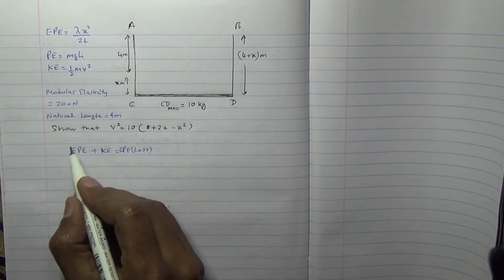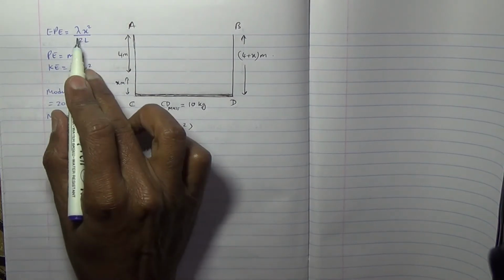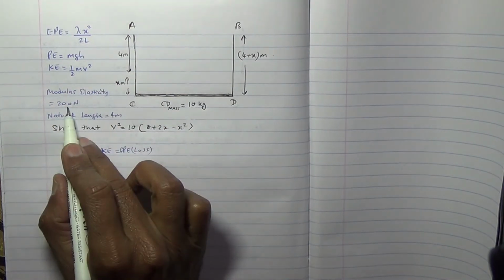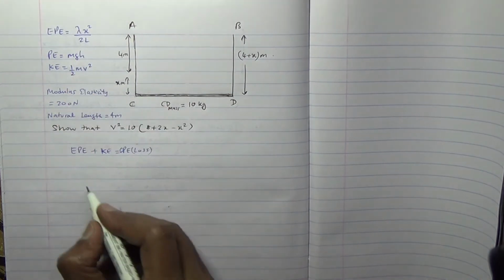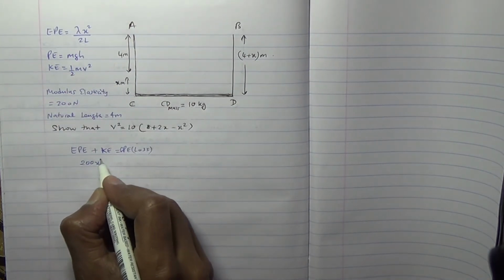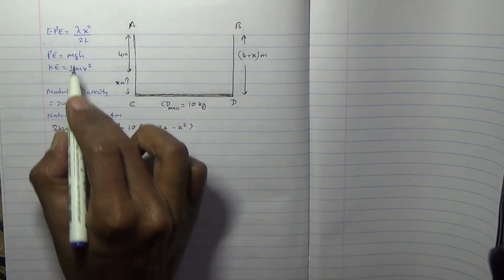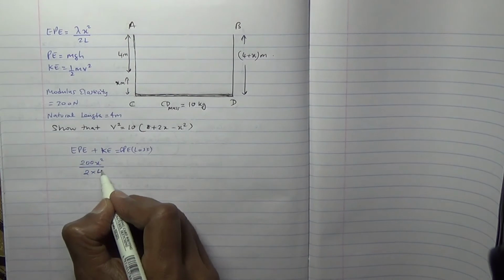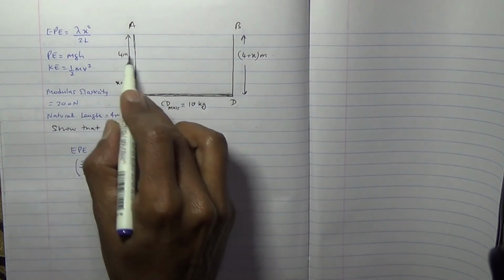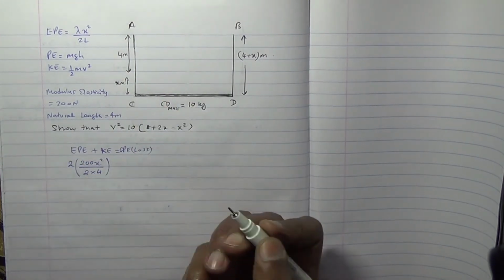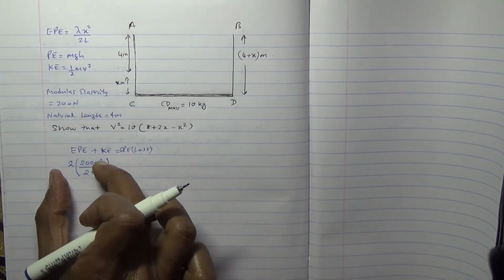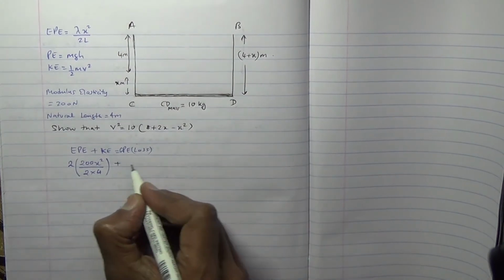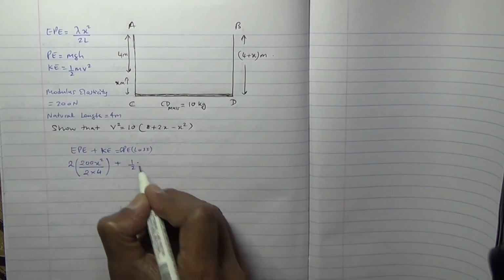Basically, the elastic potential energy is found by using this formula. So lambda here, the modulus of elasticity, is 200, so 200 x squared divided by 2 times L, and L is the natural length, which is 4 meters. Because we've got two strings, we multiply by 2, that's the total elastic potential energy stored in the two strings in the system, plus the kinetic energy, which is half mv squared.